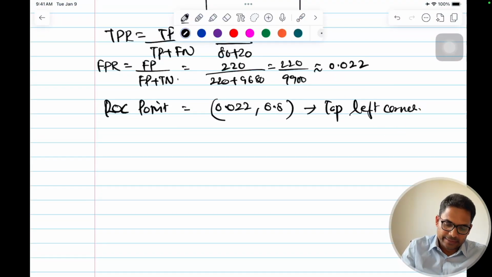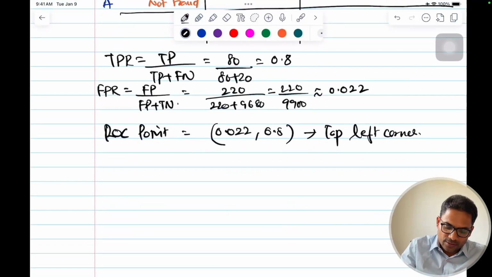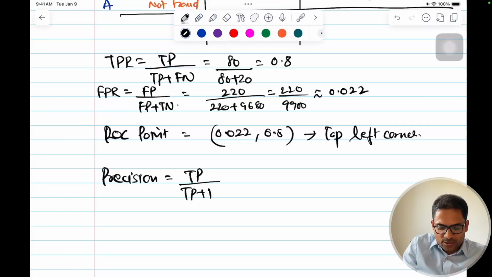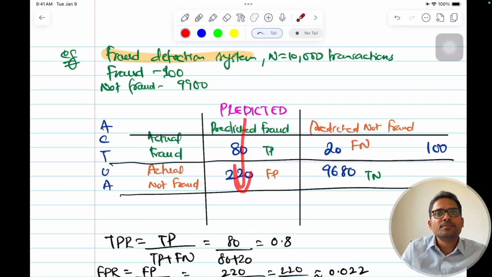But let's see, here also you can see the actual predicted fraud. Just check that. What will be the precision of this model? If you remember, that is true positive by true positive plus false positive. As I mentioned, it is here on this line.